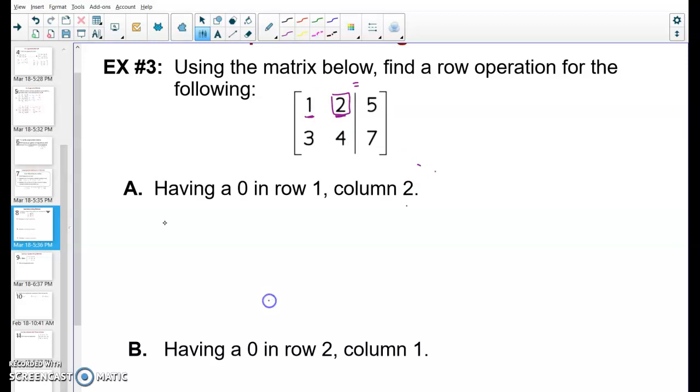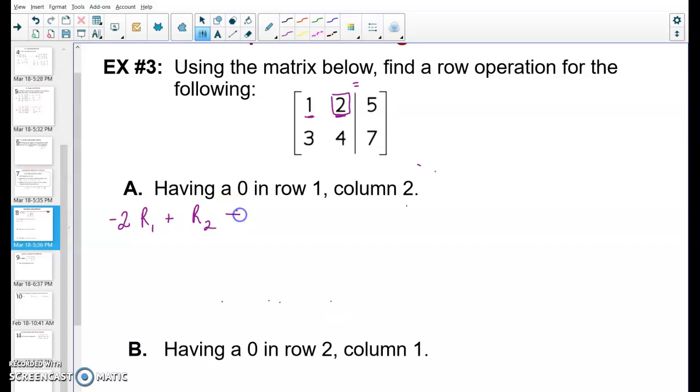So if I do row 1, because that's the one that I want to change, I actually need to multiply row 1 by a negative 2, and I'm going to add that to row 2, because if I multiply this 2 by a negative 2 and add it to the 4, that'll be 0.